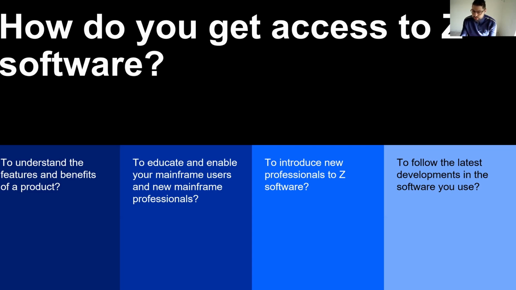Introducing new professionals to Z software is difficult not only for IBM but for our customers as well. It takes a significant amount of time, resource, and effort to skill up new professionals in the mainframe business, and the resources that were out there were fairly limited.